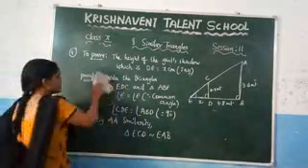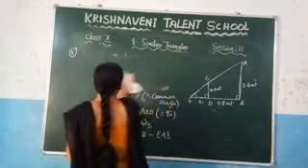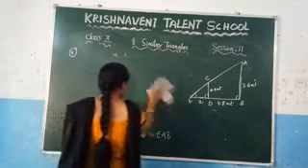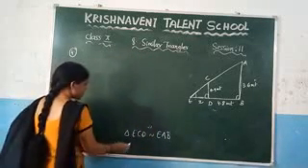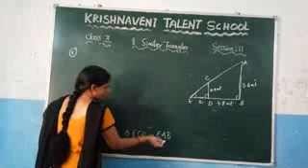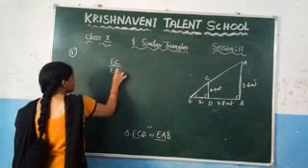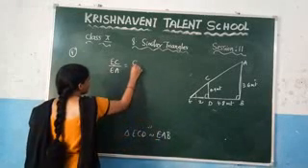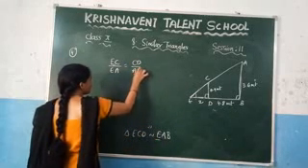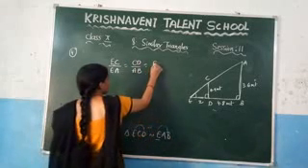So now you can see that the corresponding sides are proportional. So what are the corresponding sides here? EC by EA is equal to CD by AB is equal to ED by EB.